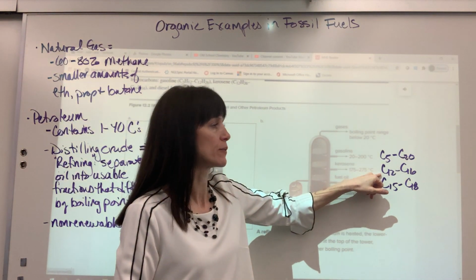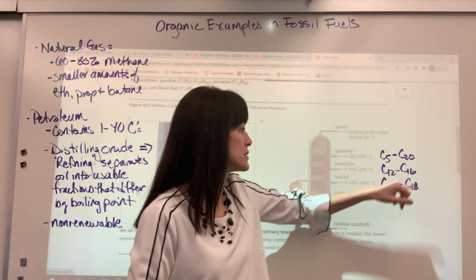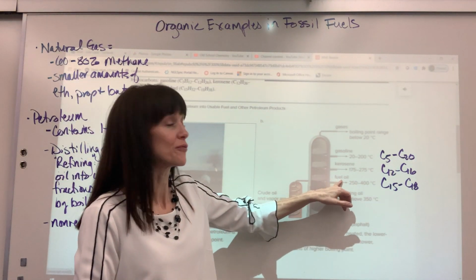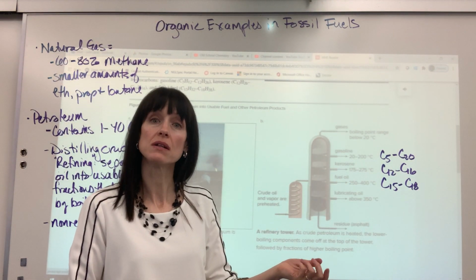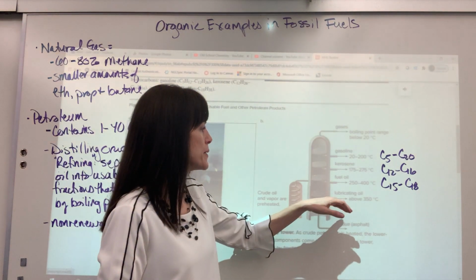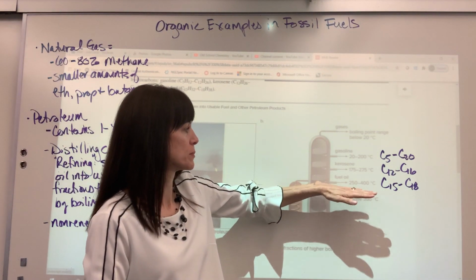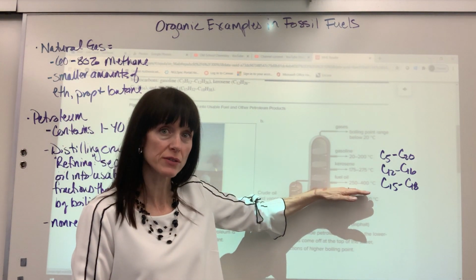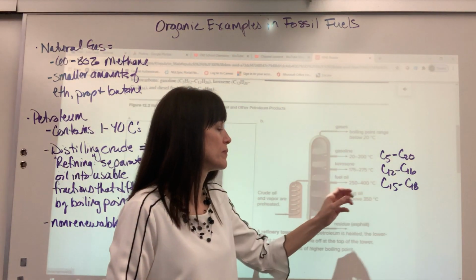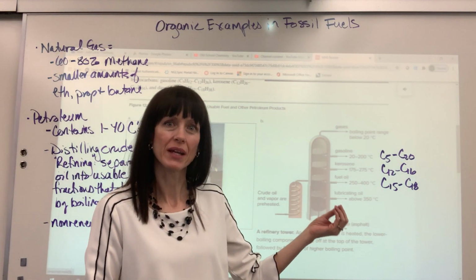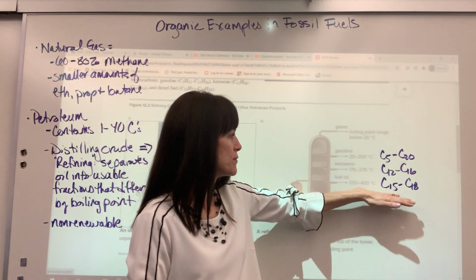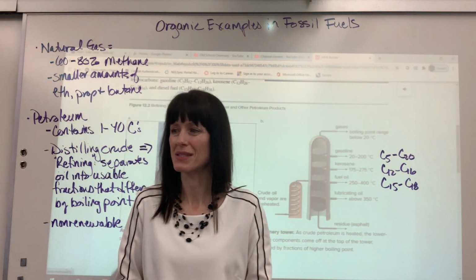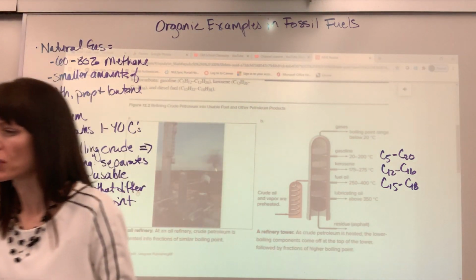And these would be carbons anywhere from 12 carbons to 16 carbons. And then our fuel oil, so maybe like diesel oil would be an example of this. We're going to have the temperature be anywhere from 250 to 400 degrees C, and this will boil, it will evaporate our molecules that contain 15 to 18 carbons in that hydrocarbon.